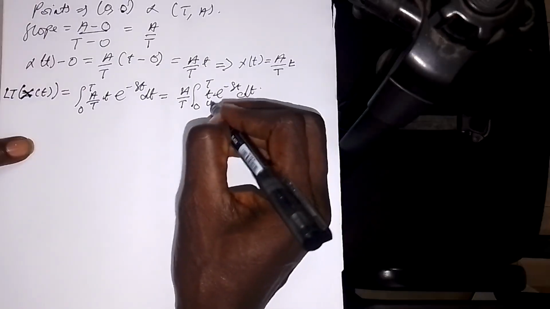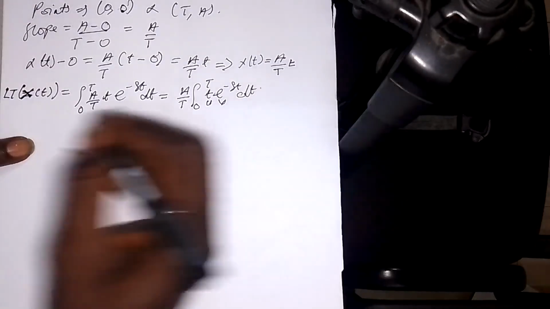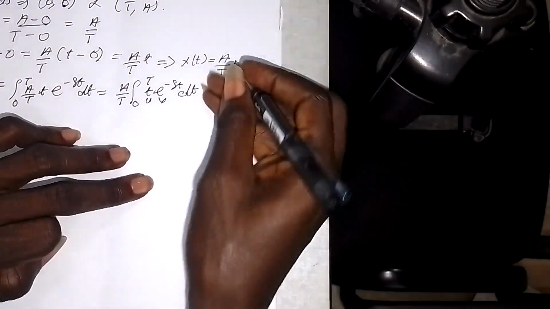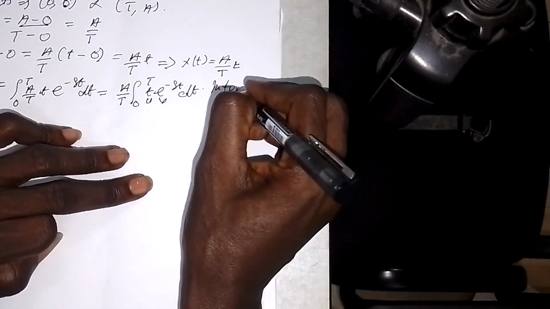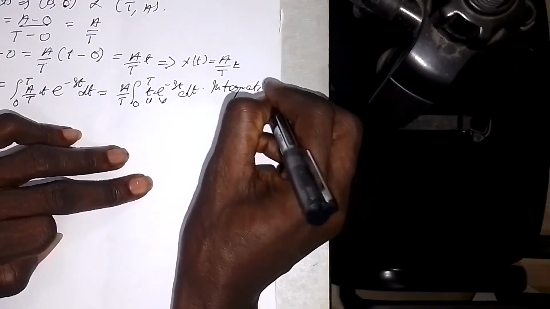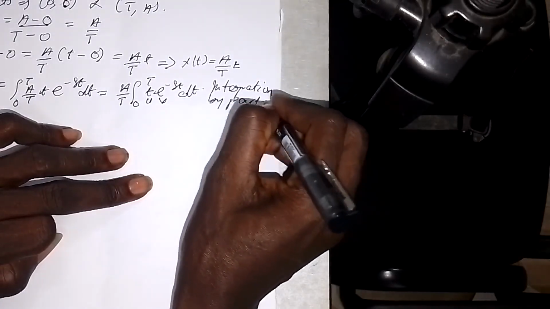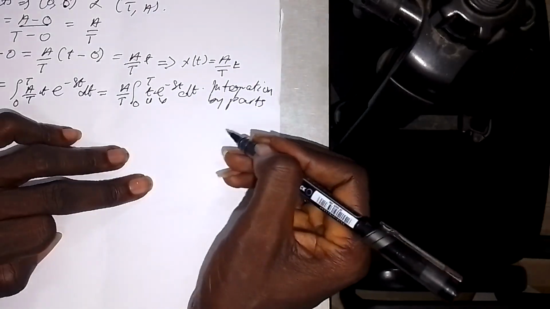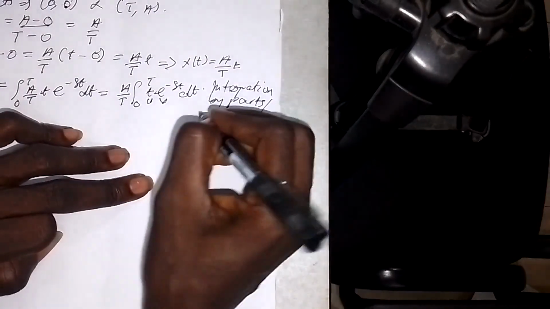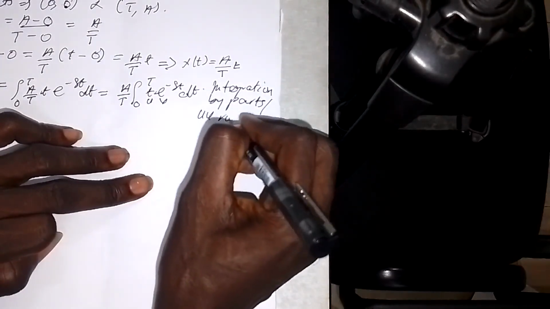Okay, I can say this place is U and this place is V, and I'll use integration by parts. You can know that one from our previous lectures, especially Fourier series, integration by parts, or also called the UV rule.